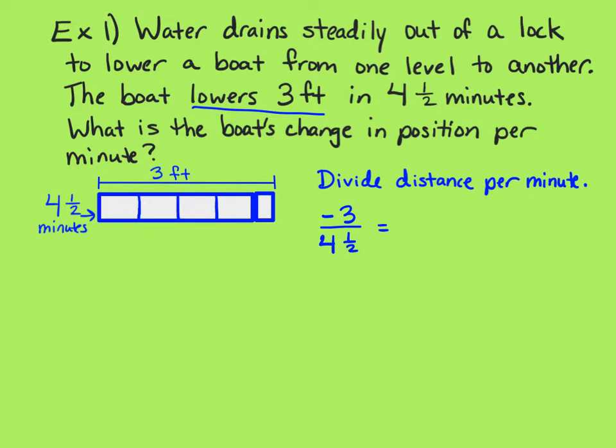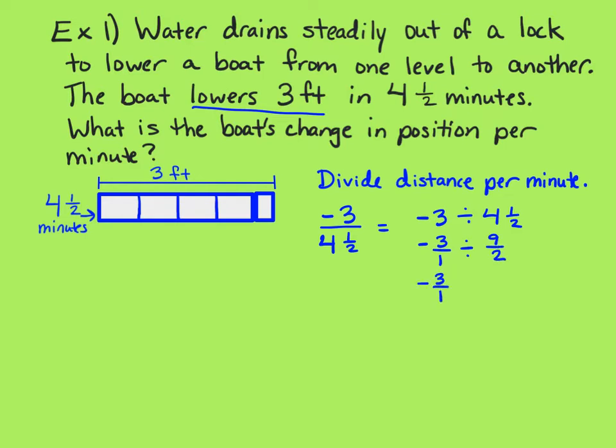So we could rewrite this, instead of a complex fraction, as -3 divided by 4.5. I'll write them both as fractions. -3 divided by 4.5. Use around the world: 2 times 4 is 8, plus 1 is 9. So we get 9 halves.